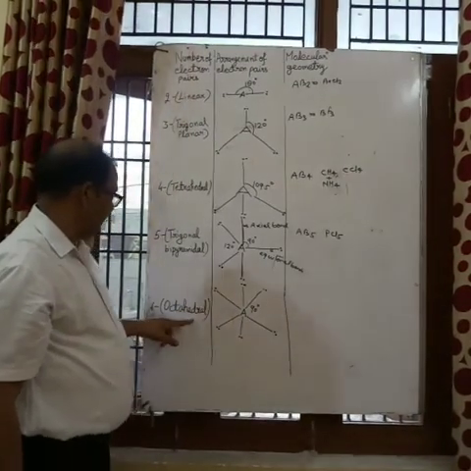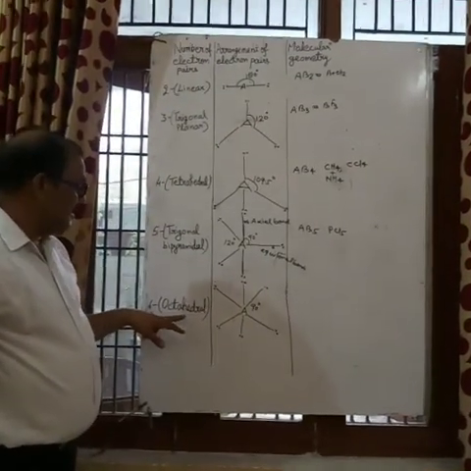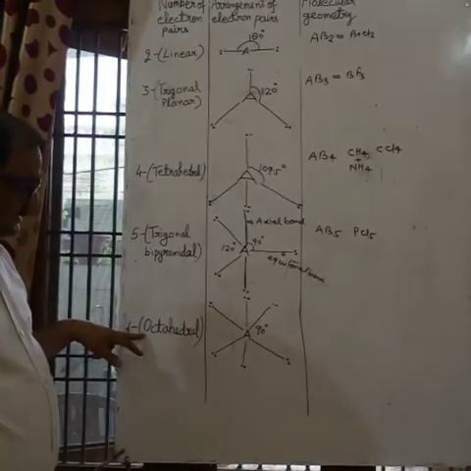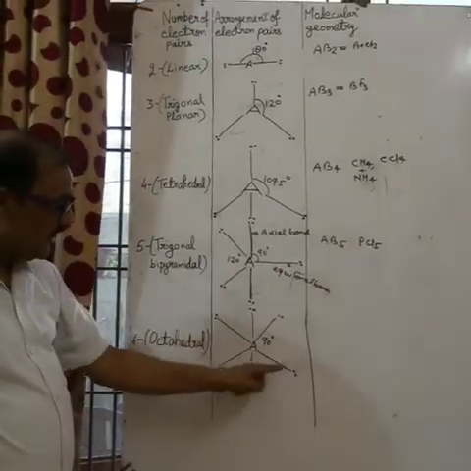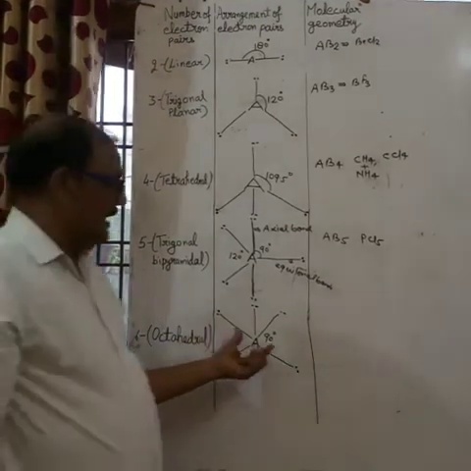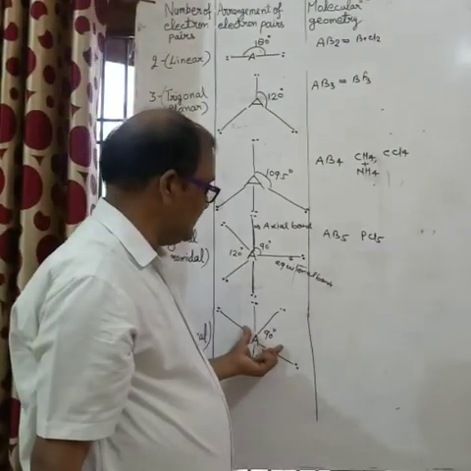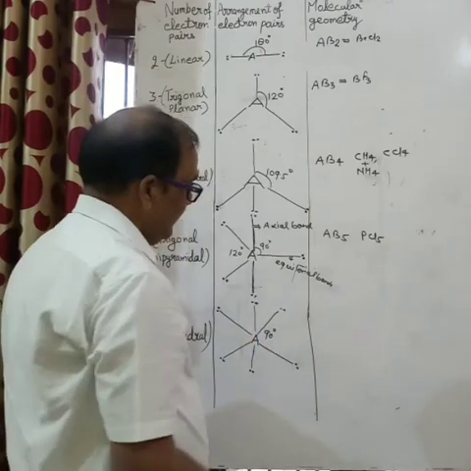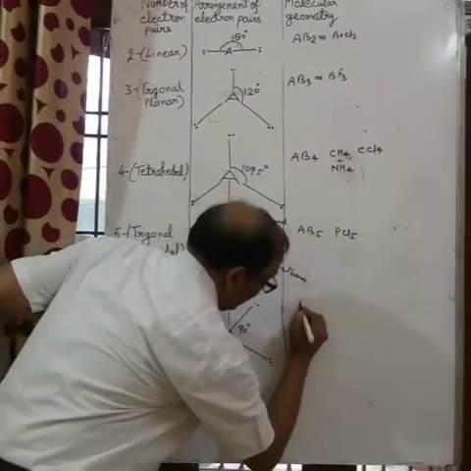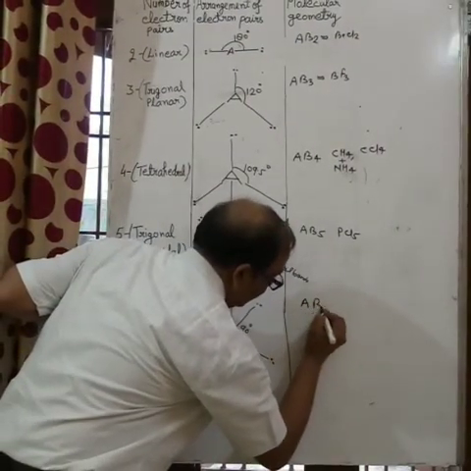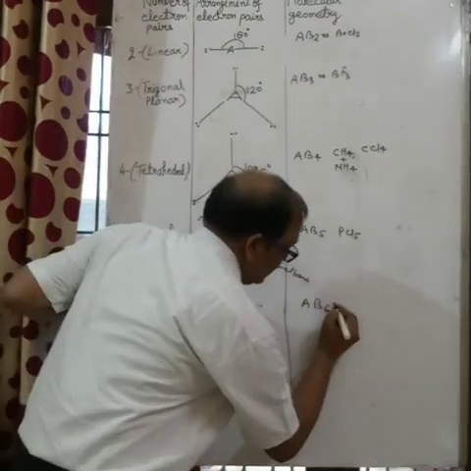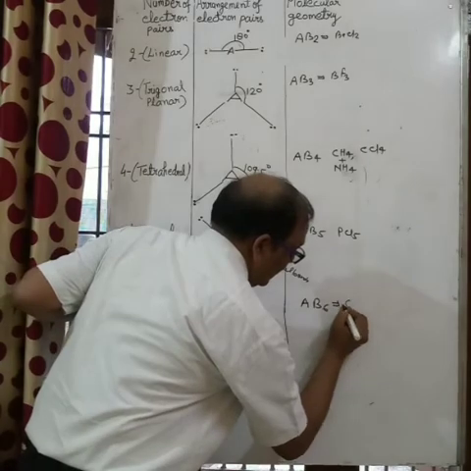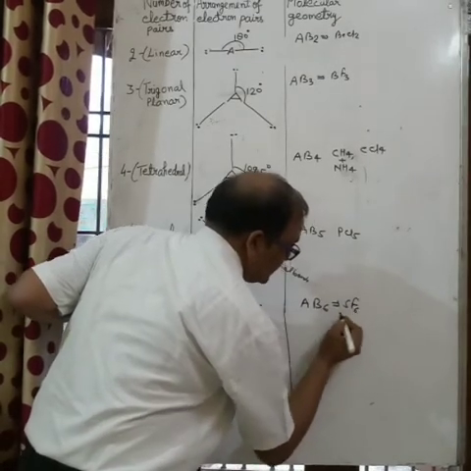And the next case is if the number of electron pairs is 6, then the arrangement of the electrons is octahedral and the bond angle is 90 degrees. The possible compound is AB6 type, for example SF6.